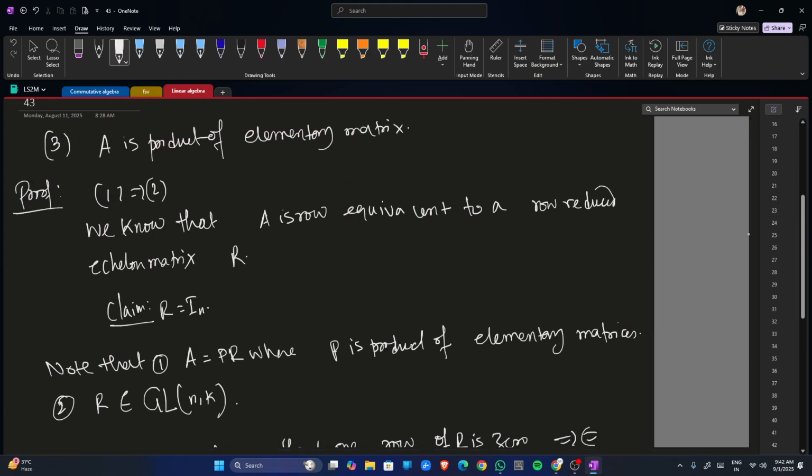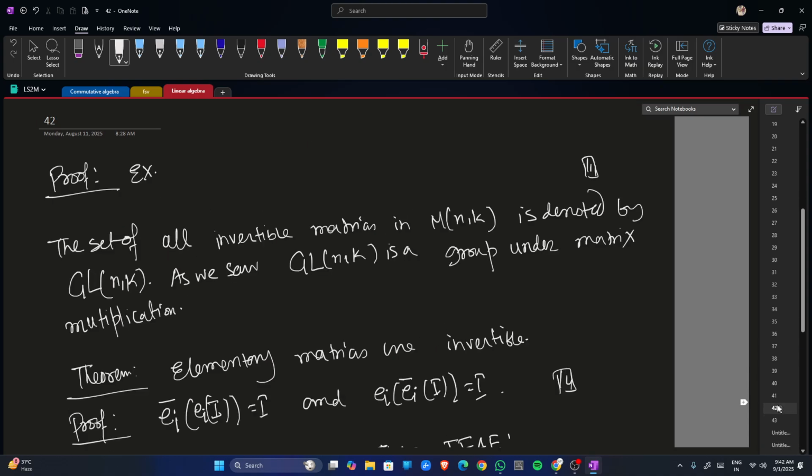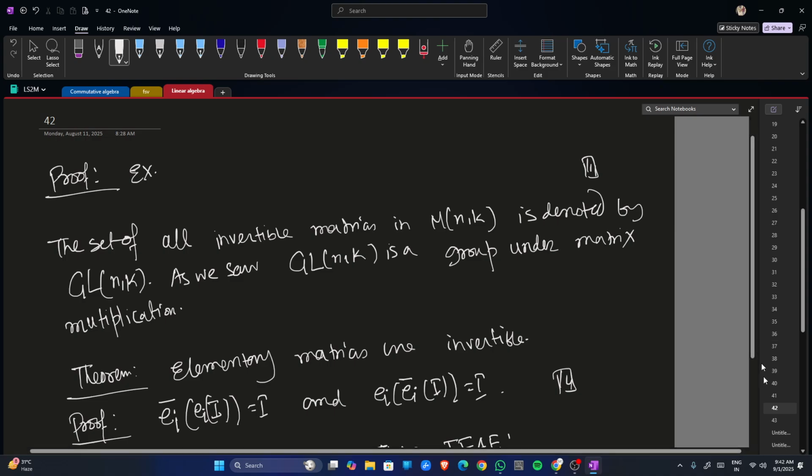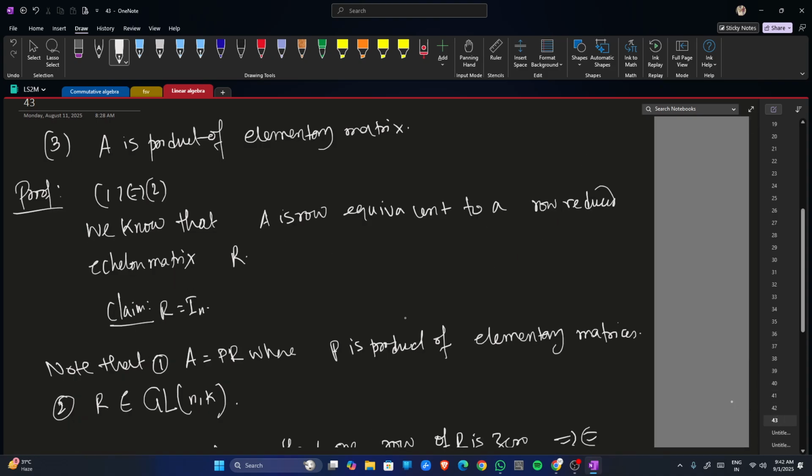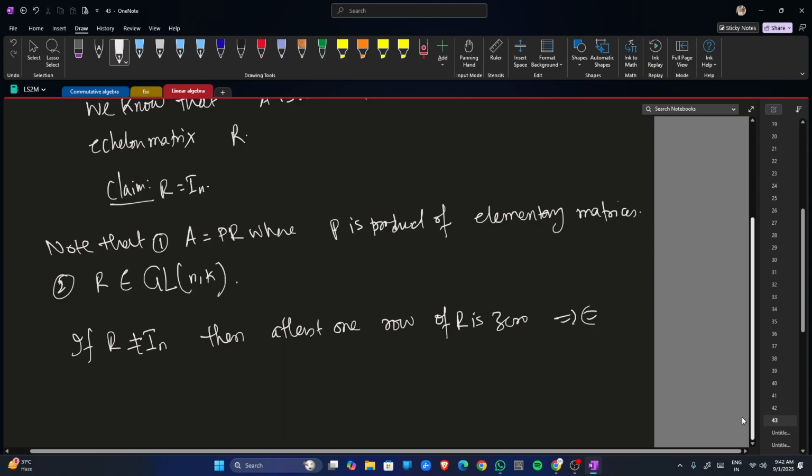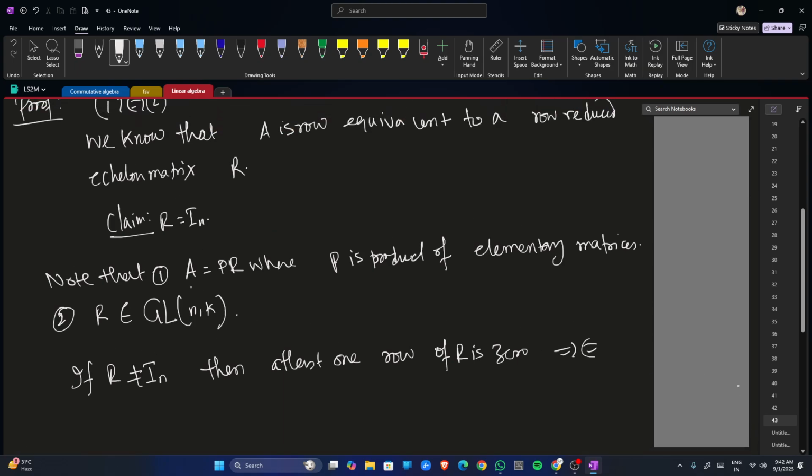This actually shows that 1 is if and only if 2. A is in GL_n(K) if and only if R is in GL_n(K). Because of this, A can be written as A equal to PR.